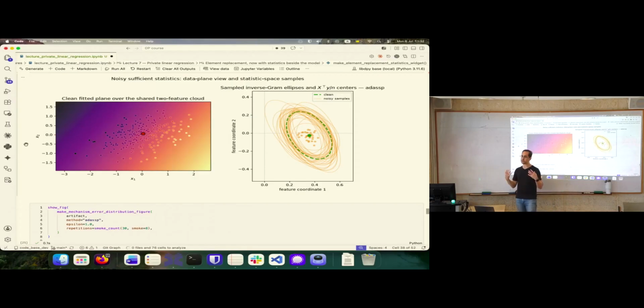And a large portion of what is done these days, the frontier research in private statistics and private machine learning, corresponds to this. Oh, I have this particular algorithm for k-means. I have this for clustering, not necessarily k-means. I have this particular algorithm for subspace estimation, etc.